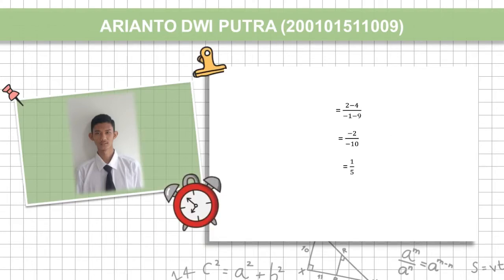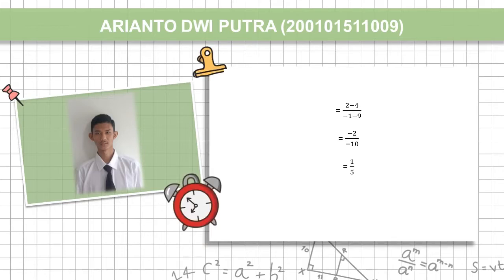Okay, m equals y2, which equals 2, minus y1, which equals 4, over x2, which equals -1, minus x1, which equals 9.